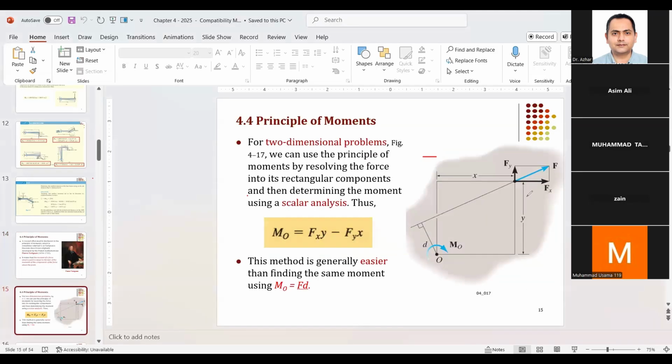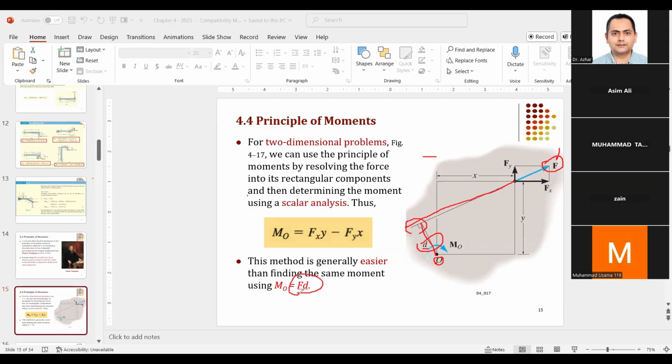You see here, we have a force F. Using this force F, if you calculate the moment about point O, you see how you do that. Extend the line of action of the force and get the perpendicular distance d and calculate the moment. Simply multiply the force with the perpendicular distance, and that is M equals F times d.